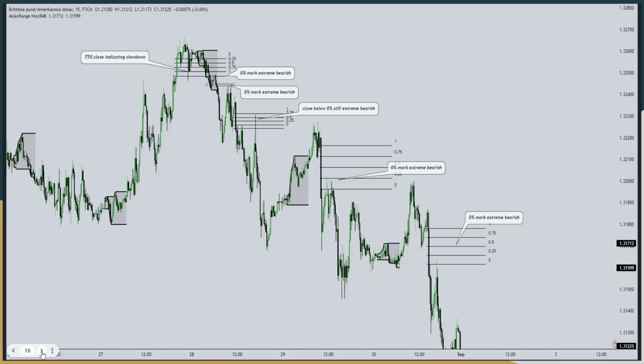All right, so here you can see overall an example of this, where you actually see a 75% mark here from this move upwards, right? So you can see a 75% mark close, indicating a slowdown right there.